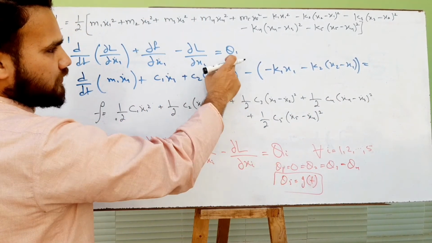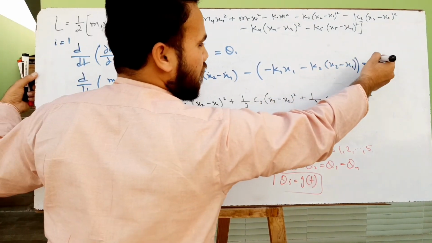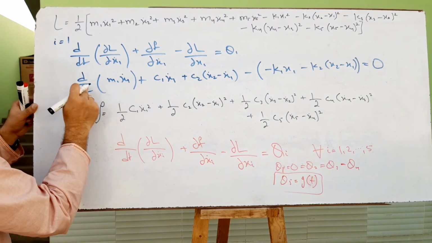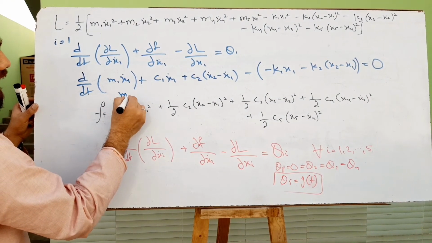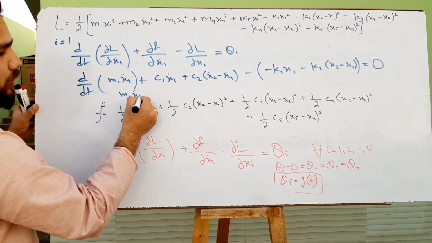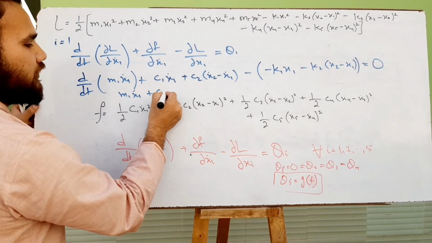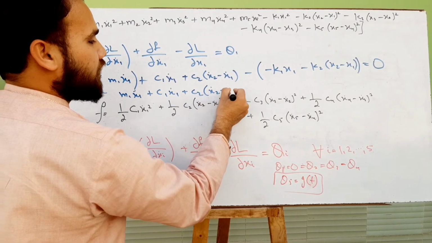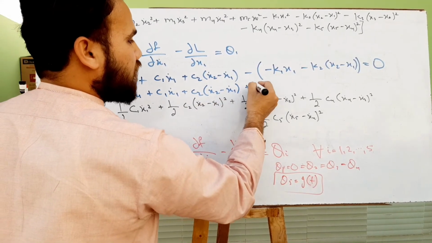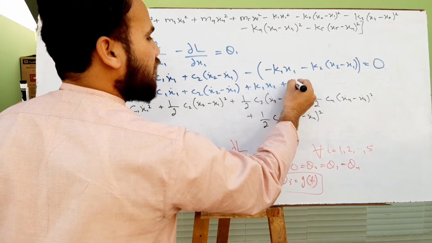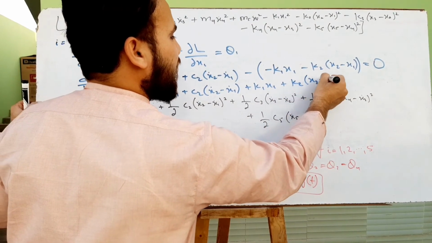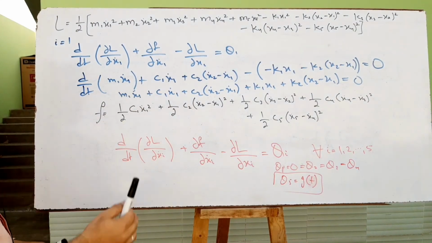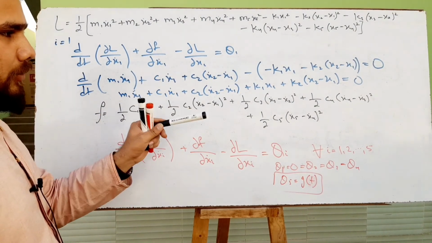And Q1 is 0, so the left part will be d by dt of this one: m1 x double dot 1 plus c1 x dot 1 plus c2 x dot 2 minus x dot 1 plus k1 x1 plus k2 x2 minus x1 equals 0. So this is the first equation for the model.